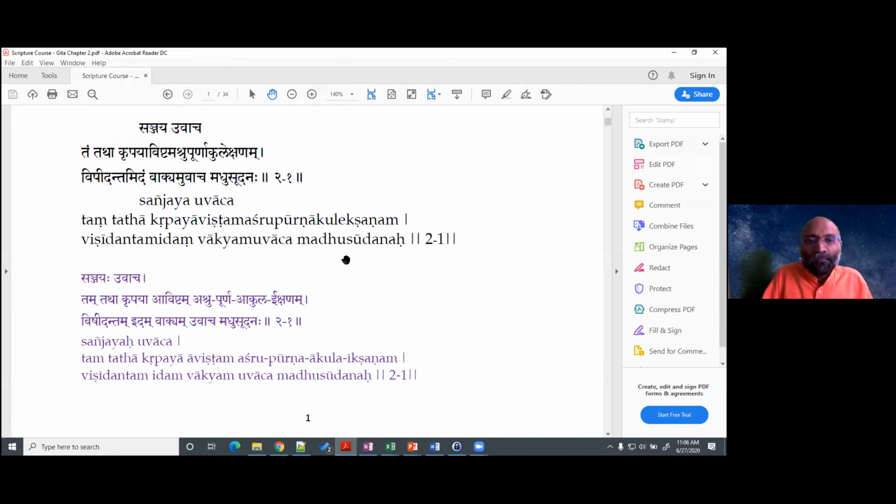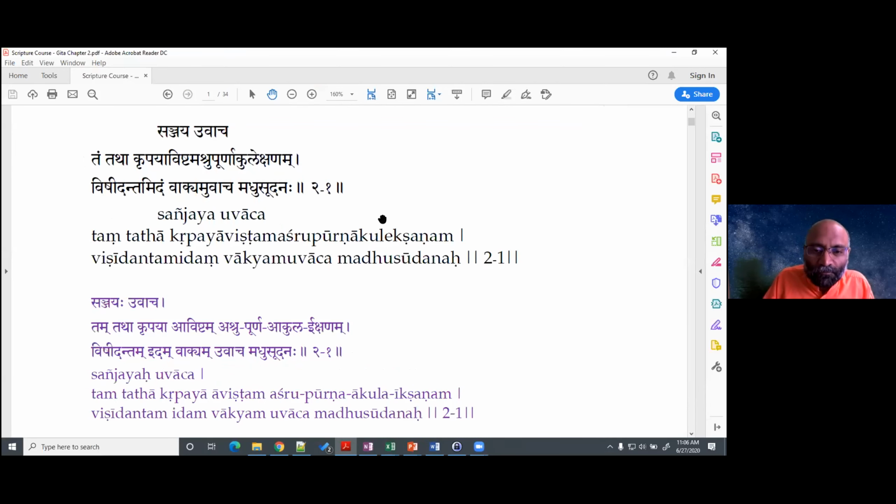So this is the first verse of the second chapter. And this document is already in the repository for you to download. So this has the verse, this has the sandhi split.